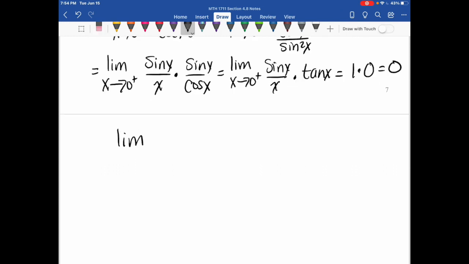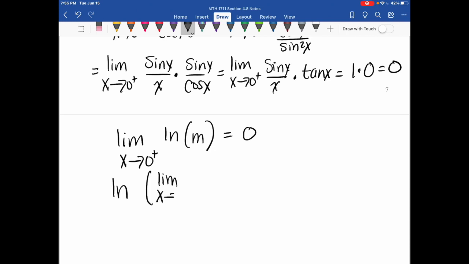So what this tells us is that the limit as x approaches 0 from the right of the natural log of our substitution m, we found, was 0. Because the natural log is continuous, we can take the log of the limit, and so we can rewrite it like this using our limit laws. Again, this is because the natural log is a continuous function.